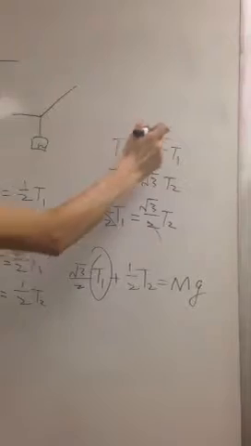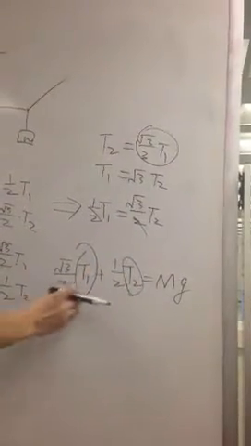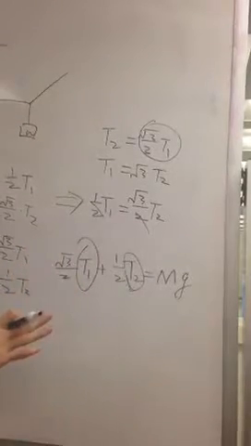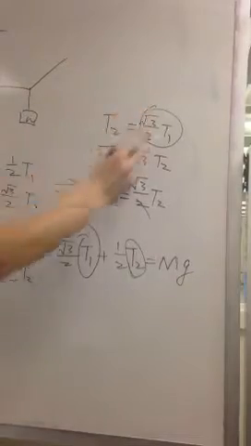And then you put this here. Then you will get an equation with only T1. Right? Or you can use a calculator, calculate this.